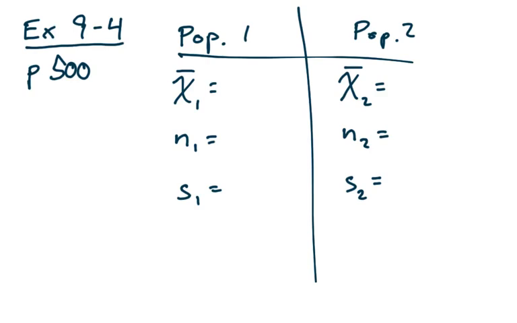Example 9-4, page 500. On the subject of work absences, a study was done to see if there is a difference between the number of sick days men take and the number of sick days women take. A random sample of 9 men found the mean number of sick days taken was 5.5. The standard deviation of that sample was 1.23.